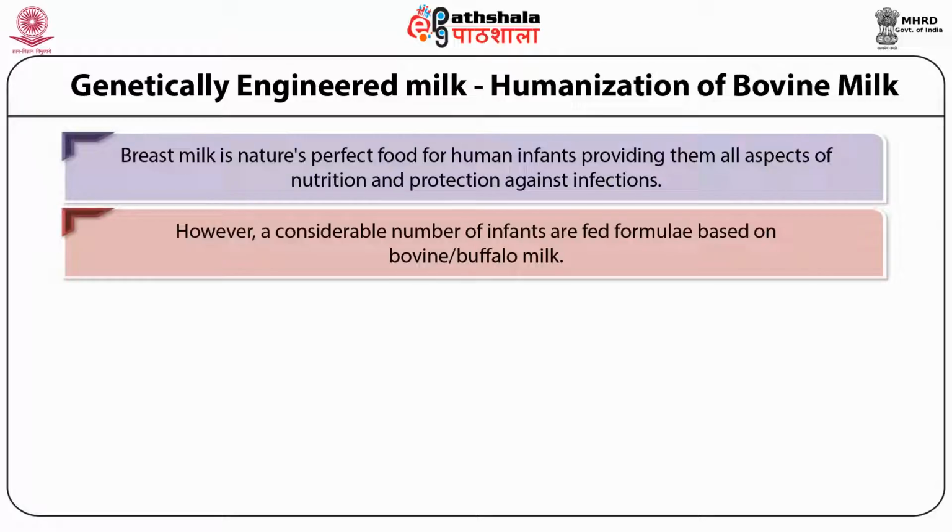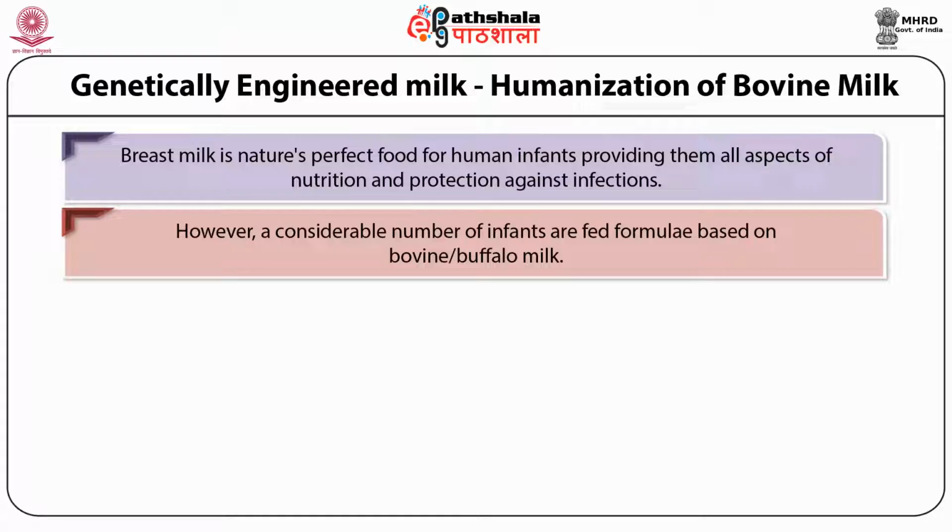manufactured and tried. These formulations can contain major compositional changes, especially in proteins. As we know, the mother's milk is very low in protein. So if we give a larger amount of protein in the bovine milk, the baby cannot digest the milk.